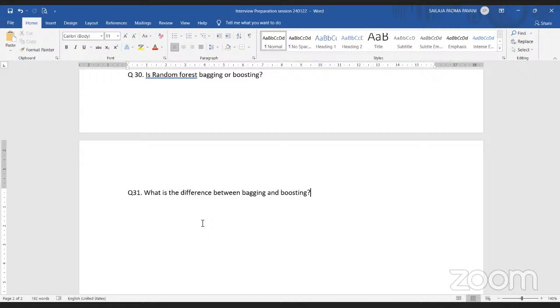So for that purpose, in bagging we take training samples from the data set and combine the repetitions, creating multiple sets, a number of bags.